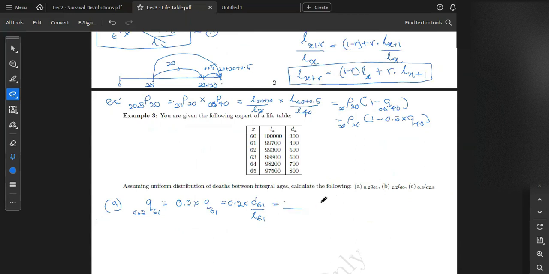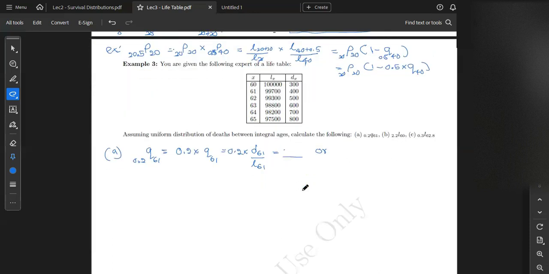So you can do it by yourself. Or suppose we didn't have this dx. Then we have to deal with Lx only. So first we can write down this as this, and then we can write the life table functions like this.